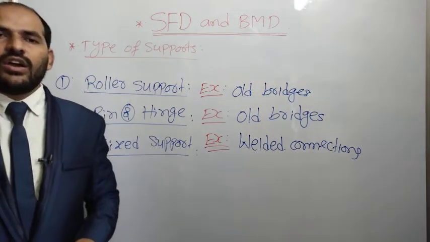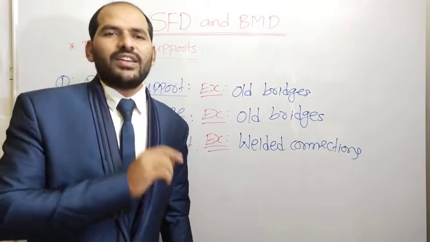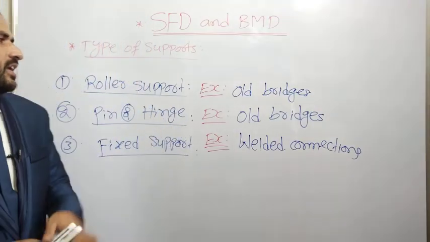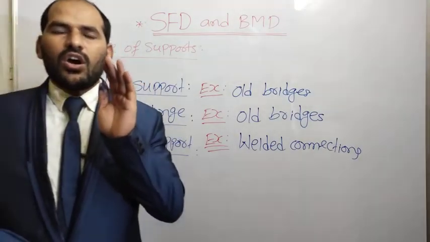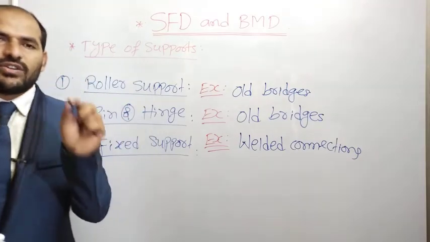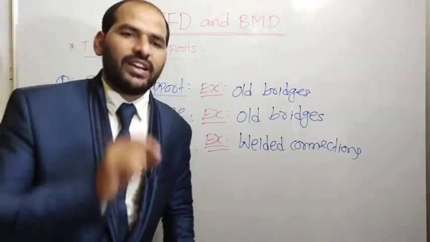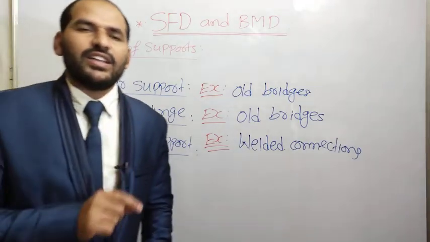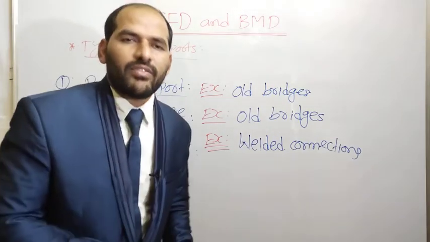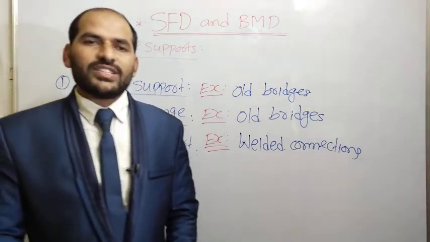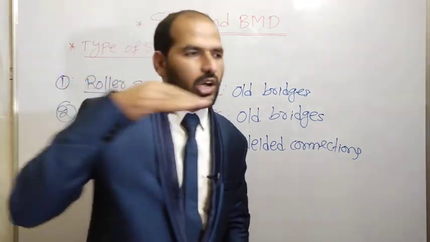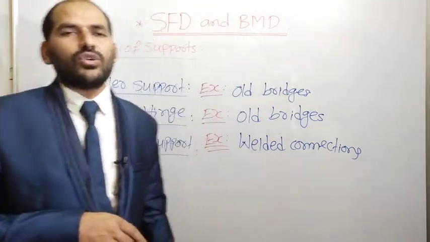So these are the roller support, the pin or hinge support, and the fixed support. Our discussion here is how many reactions develop in each. In the roller support, only one reaction develops, the vertical reaction. In the pin or hinge support, two reactions develop: a vertical reaction and a horizontal reaction, but no moment develops.